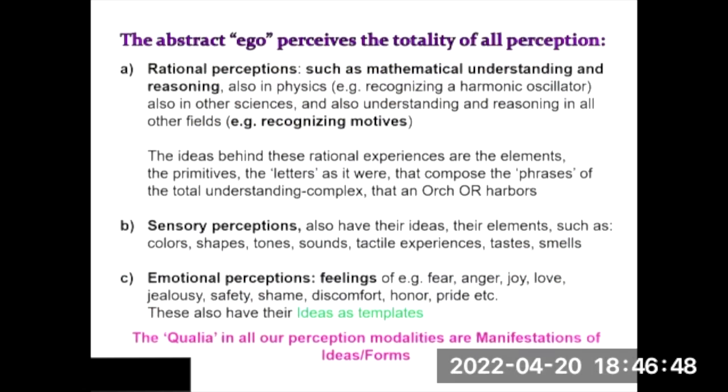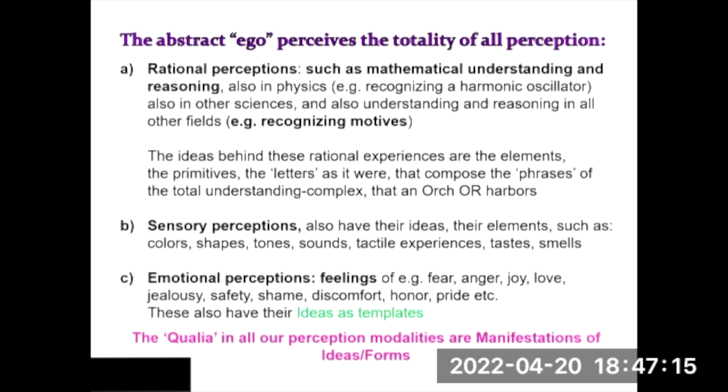Now, the abstract ego perceives the totality of all these perceptions. So you have the rational perceptions, that's where it started, the mathematical understanding of, for instance, the Godel statement. You have all kinds of understandings. So that is the rational experiences.